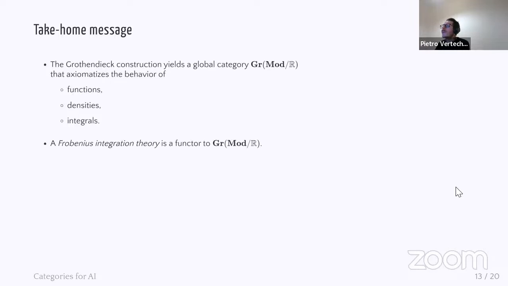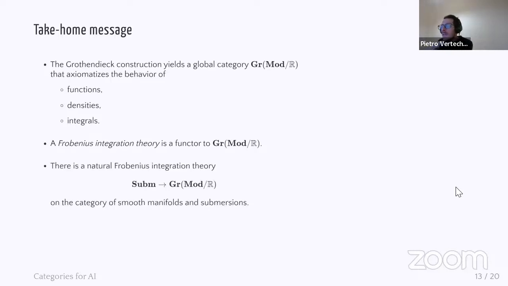And we've defined a Frobenius integration theory to be a functor from any arbitrary category to Gr of Mod over R. And we have seen that there is a natural Frobenius integration theory on the category of smooth manifolds and submersions, which of course we will use to define neural network layers on smooth spaces.